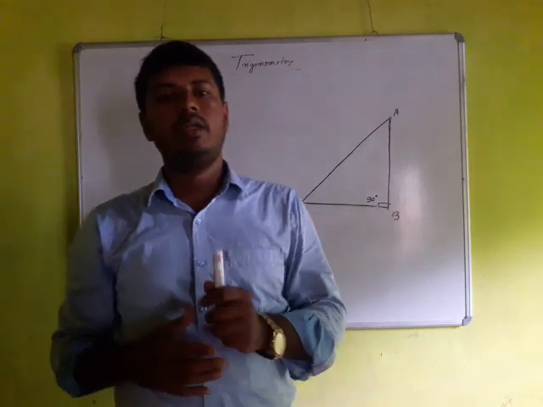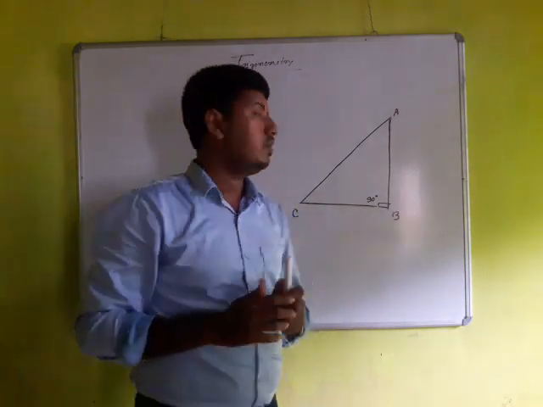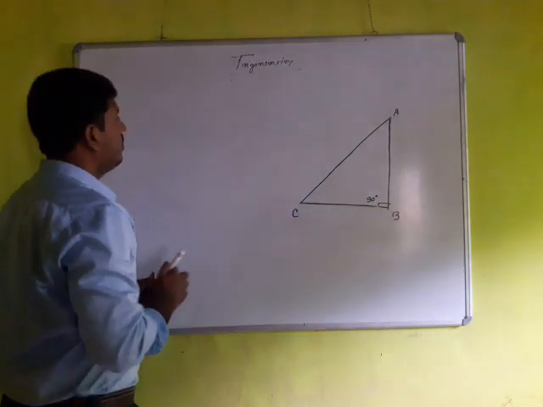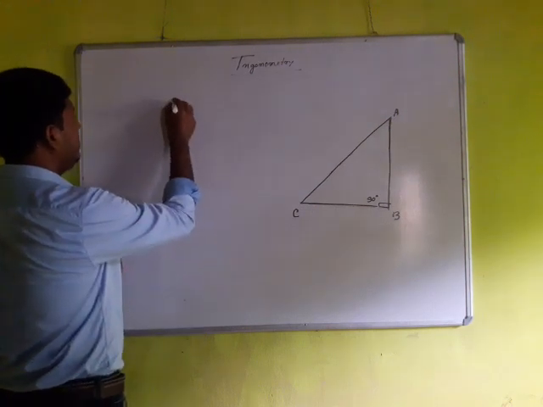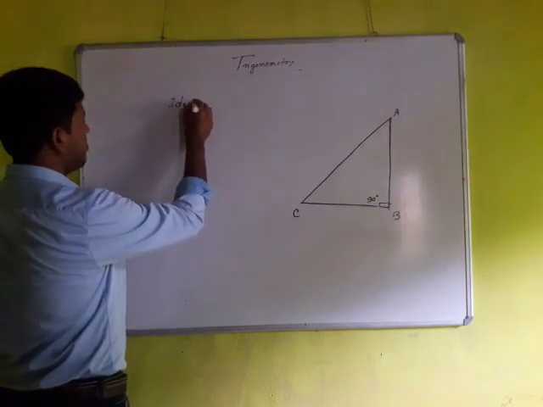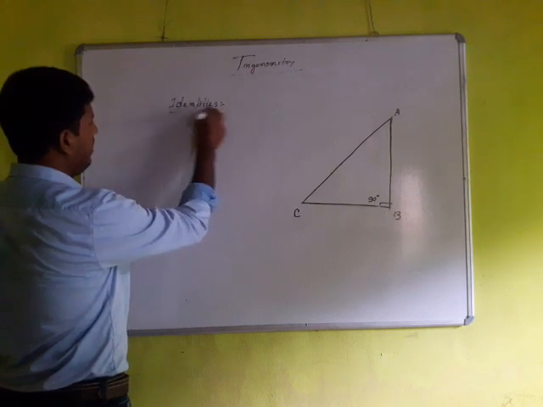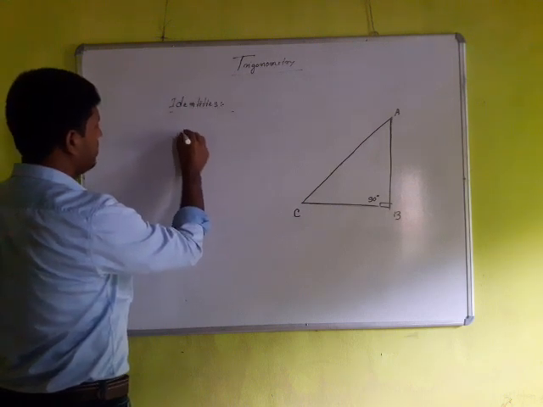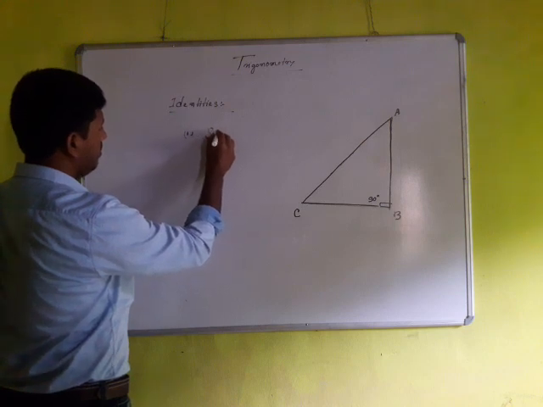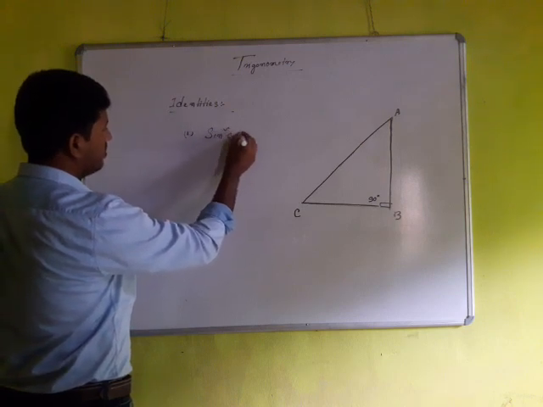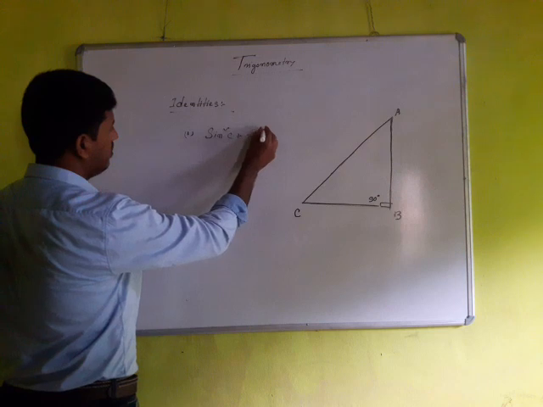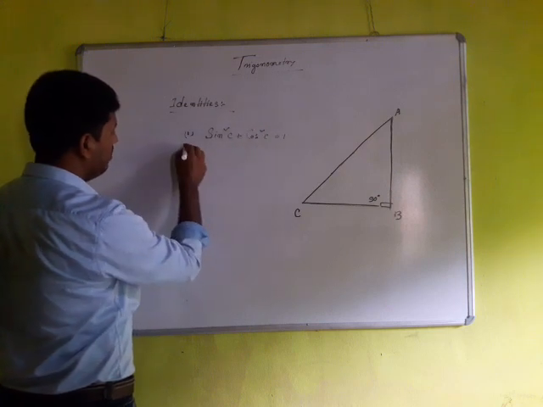Now after trigonometric ratios we have to know the three basic identities of trigonometry. First identity, sin square C plus cos square C is equal to 1.